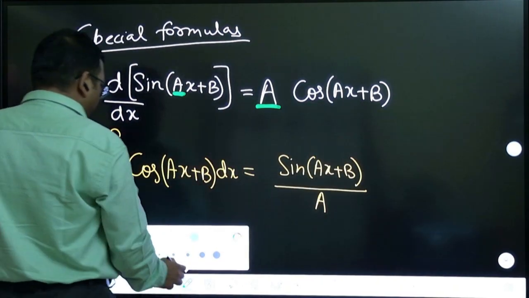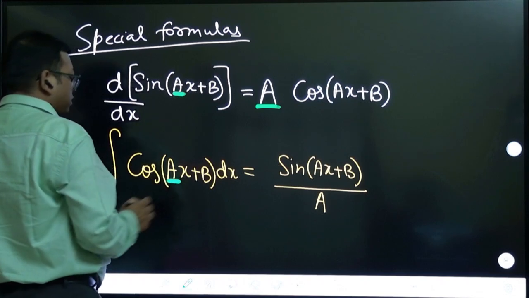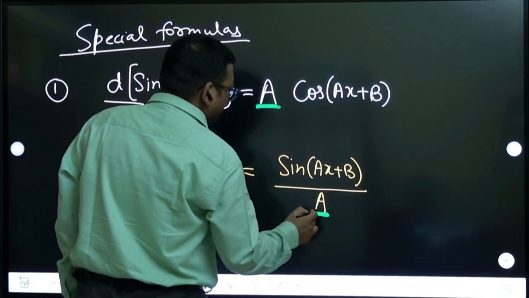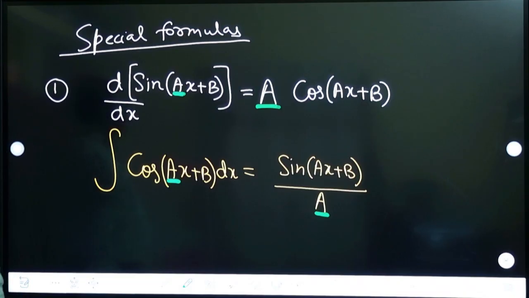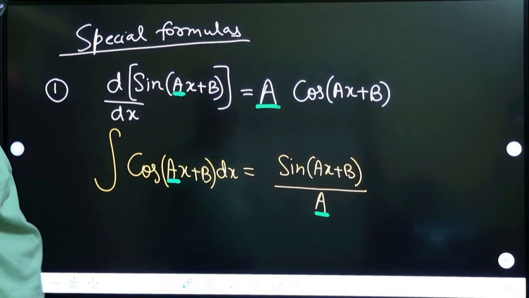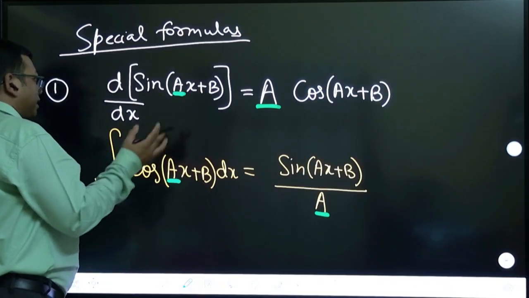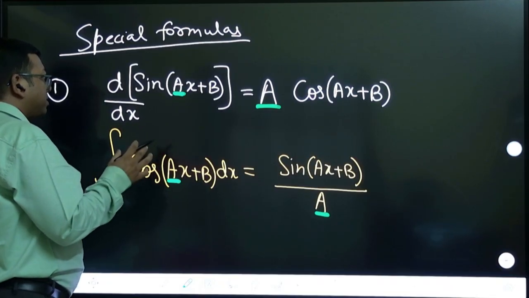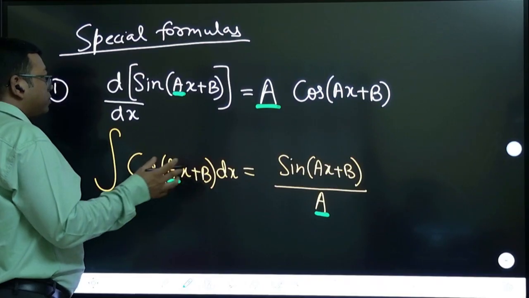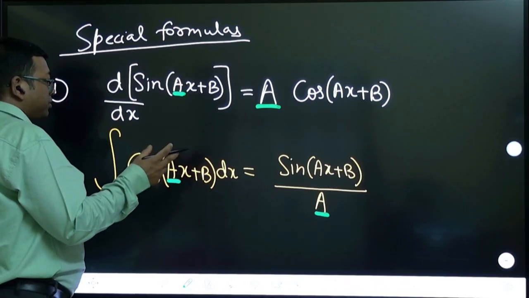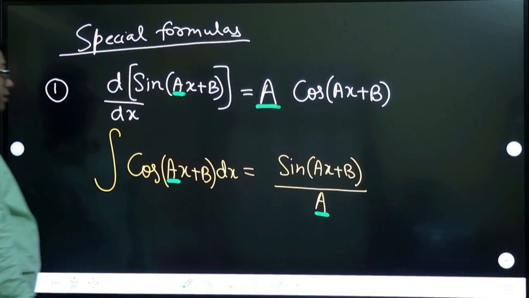In integration, this a will get divided. So this is a special formula where directly sin x will not be there, but something will be there. That a we need to multiply in differentiation, and that a we need to divide in integration.